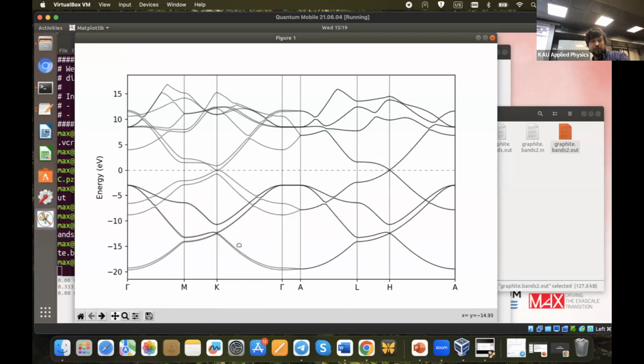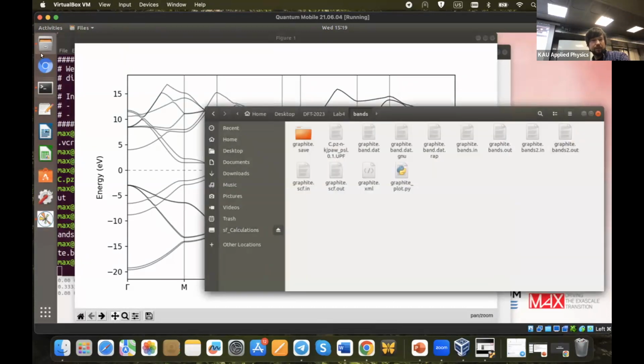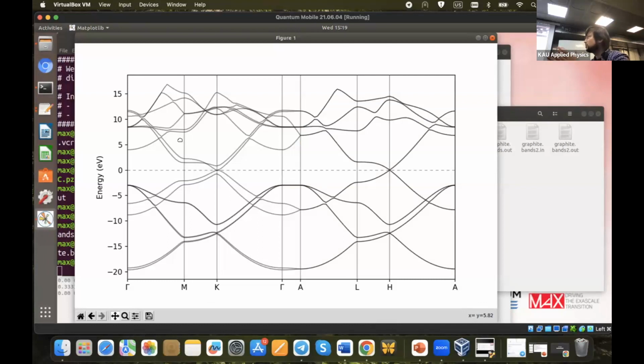And what else is interesting here? Yeah, what about the graphene structure? Graphene is a layered material, and graphite is a layered material, and all these layers are connected with van der Waals forces. This is some kind of Coulomb force, and DFT does not work with them so well.